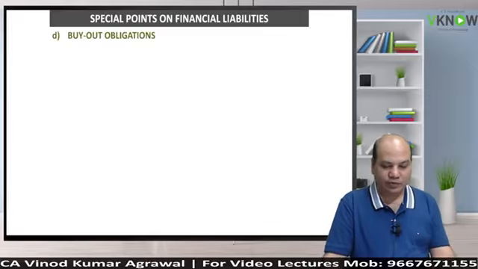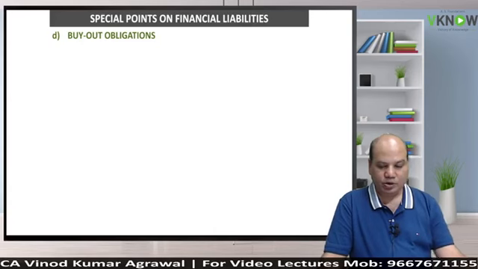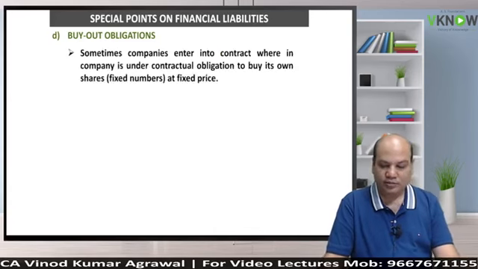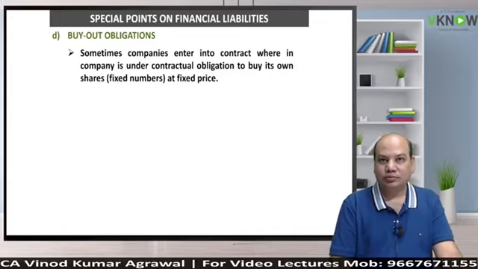Now the next paragraph is buyout obligation. This is usually not asked in the exam, but what is the concept here? The concept is that a company may enter into a contract with shareholders: you invest in our company. You will say, why will I invest in your company?